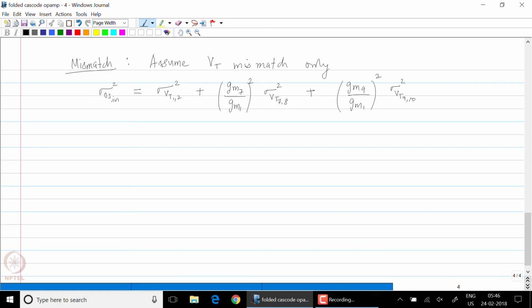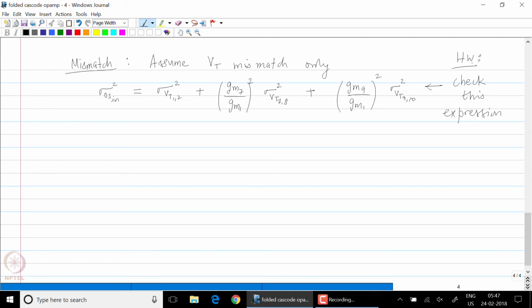Now we have simply written this down. I want you folks to go ahead and check this expression. I have just written it down based on intuition.